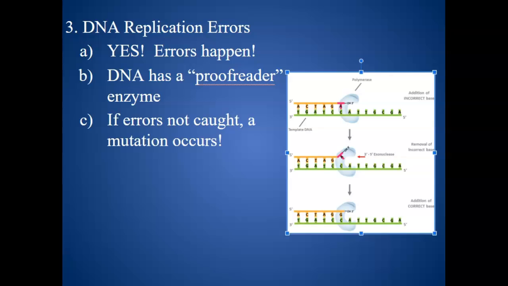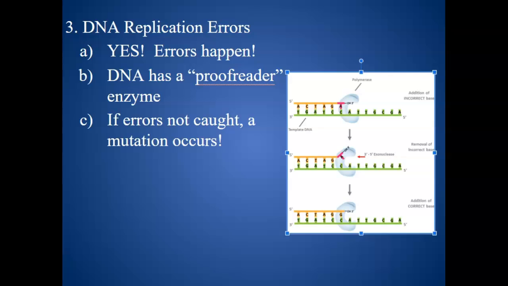And if they aren't, like right here, there are different enzymes, and one will cut off that incorrect A, and then we'll get the correct one attached. So now down here we have a G. So hooray, the error was caught. Thanks, proofreading enzyme. Now our DNA is correct.